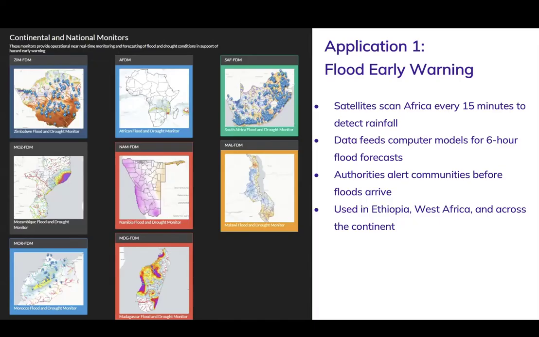So we have a situation right now where there are sufficient satellites in orbit that can scan Africa every 15 minutes. And those particular satellites can detect rainfall, and they can also detect levels of dryness. Using a multispectral camera, you can measure humidity levels. The reason you can do that is because the moisture in the air will absorb certain wavelengths of sunlight.